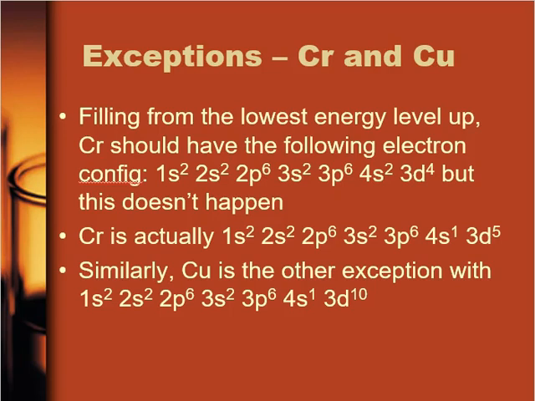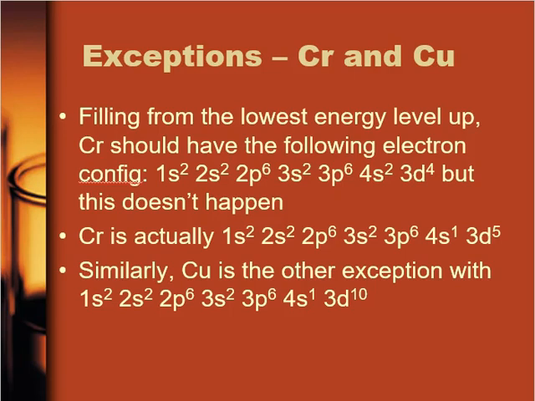Basically, it comes down to the idea that half-filled orbitals are more stable than generally partially filled ones. So if we start with chromium, element number 24, then what we should have is 1s2, 2s2, 2p6, 3s2, 3p6, 4s2, and 3d4. But actually what we get, rather than 4s2, 3d4, is 4s1, 3d5.